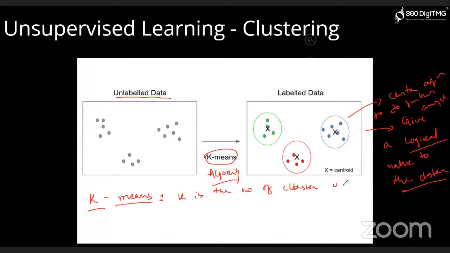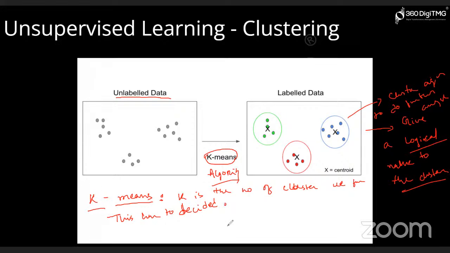This has to be decided beforehand. First step is the decision of what the k value should be. This should be our first decision.